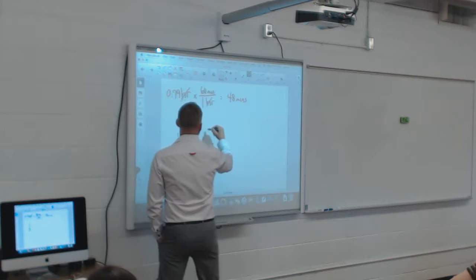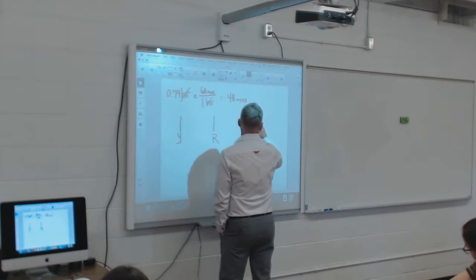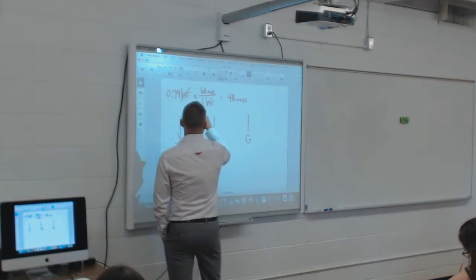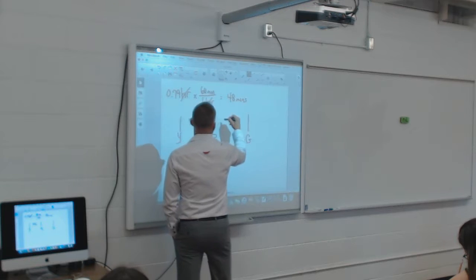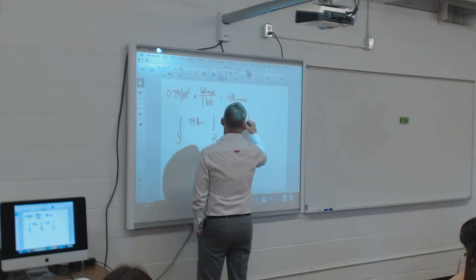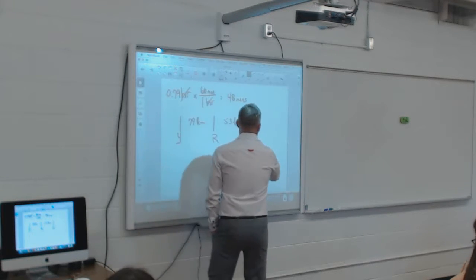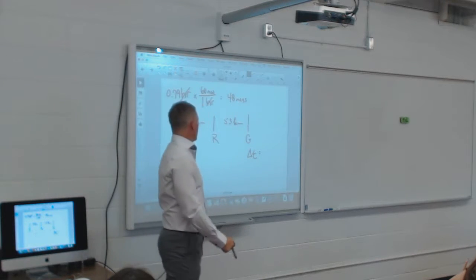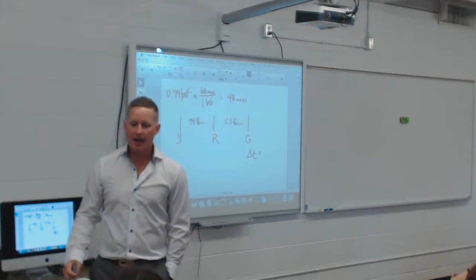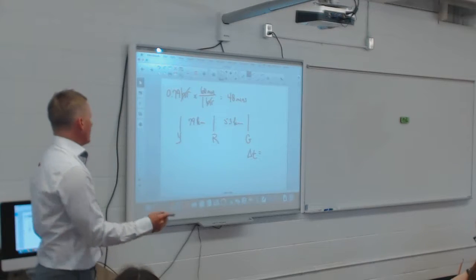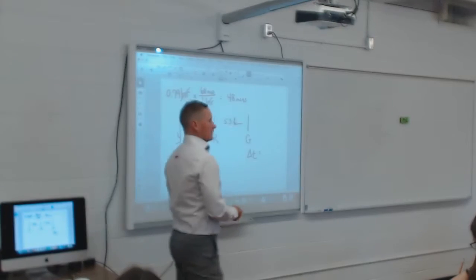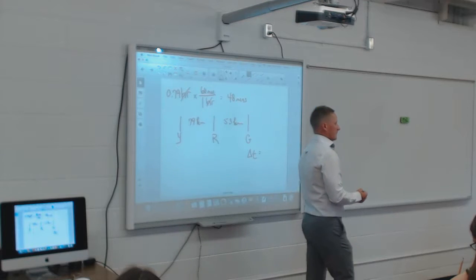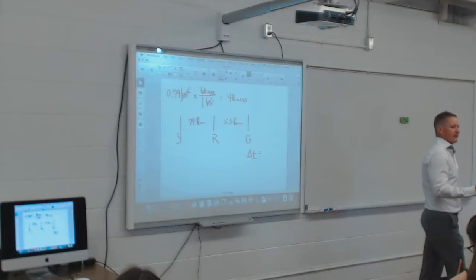So here's Yorkton, Roblin, Grandview, 79 kilometers here, 53 kilometers here. I want to know the time to go from Roblin to Yorkton back to Roblin. How do I find the time?